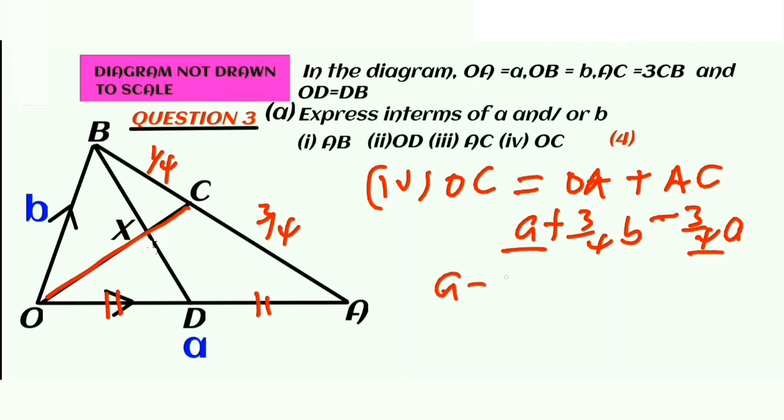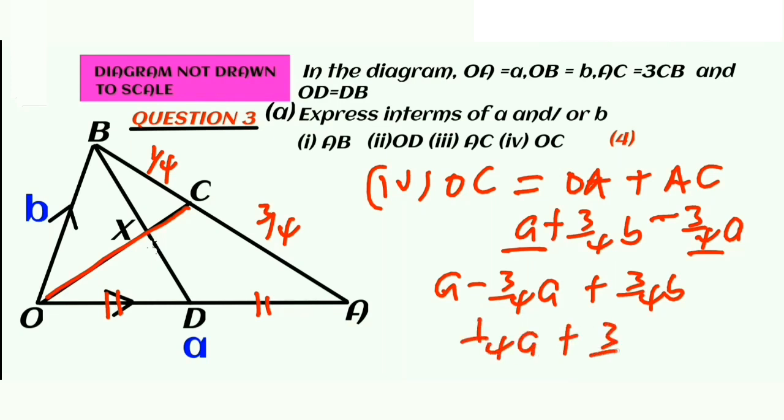So it's A minus 3/4 A plus 3/4 B equals quarter A plus 3/4 B. All right, next question, question B.